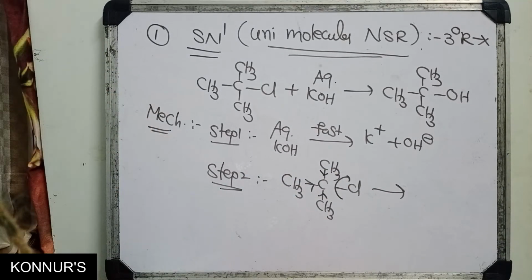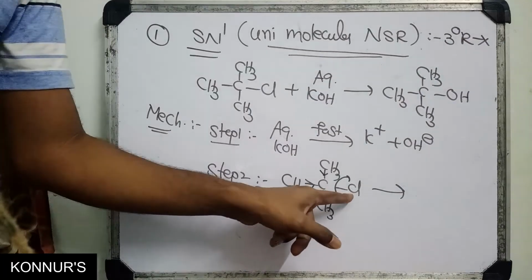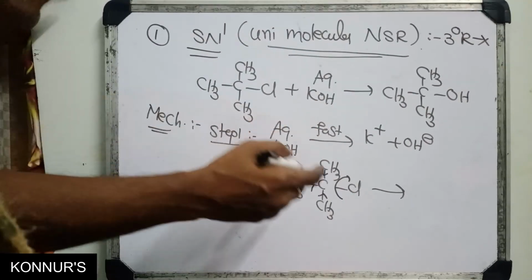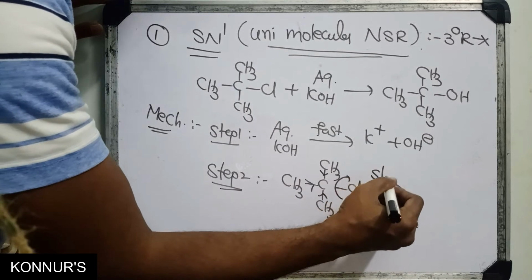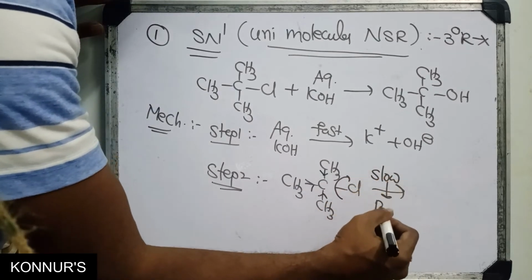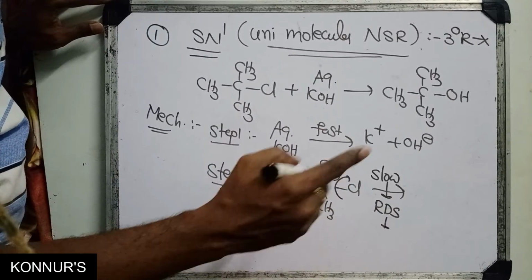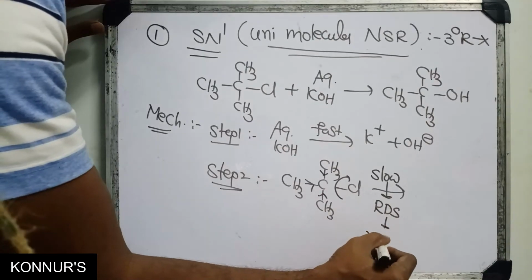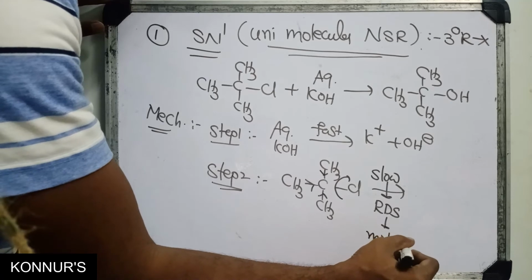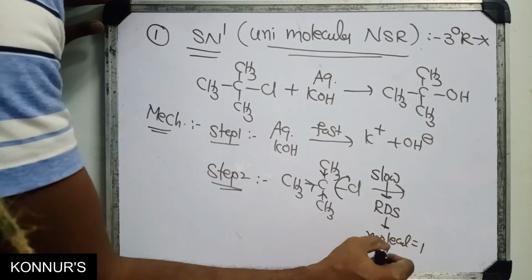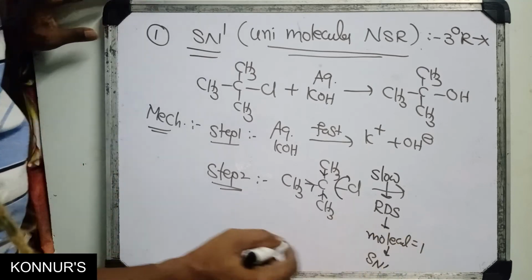Already we said a slow step means bond breakage. Bond breakage goes with a slow rate, which is the RDS. In the RDS, how many molecules participate? One molecule only. That's why it is called SN1.